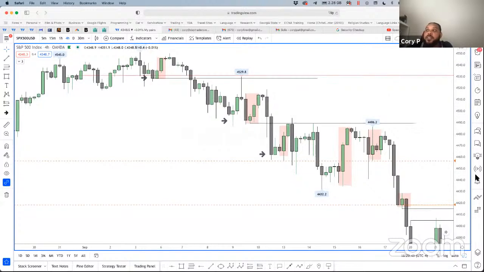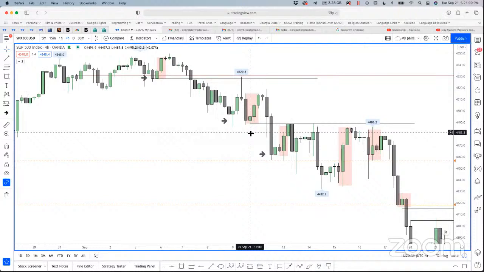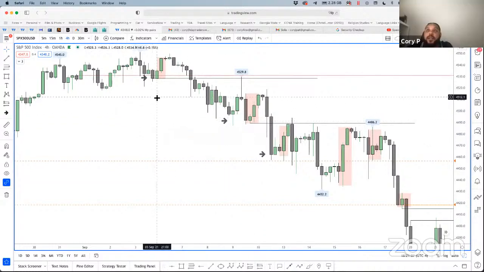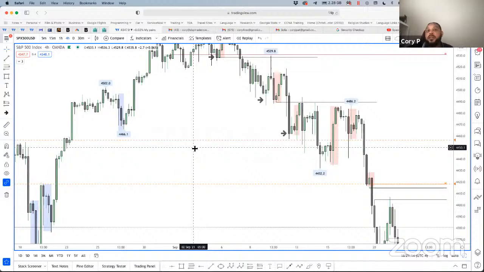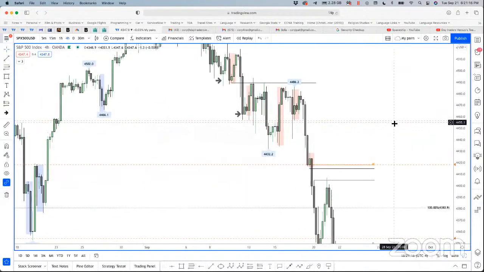It's just the ones that are made during New York and London, those are more valid. Those are more valid. That's all that's saying. I shall apply it to my back testing.